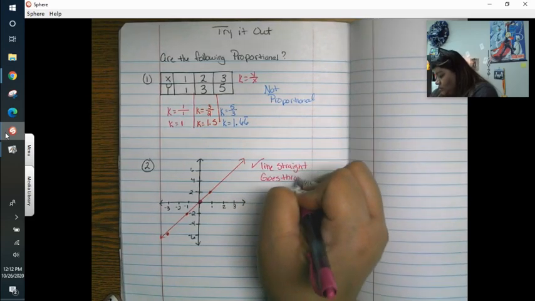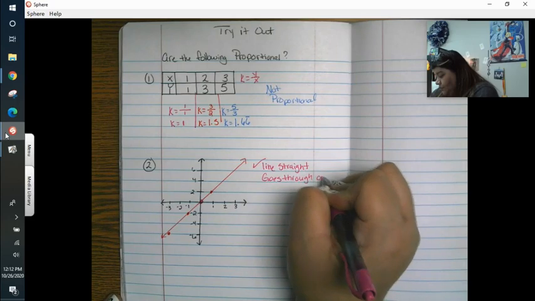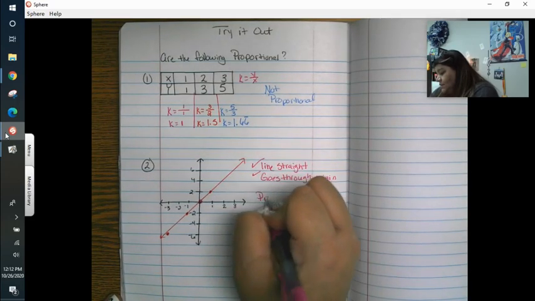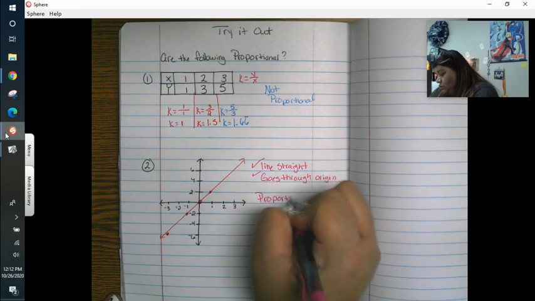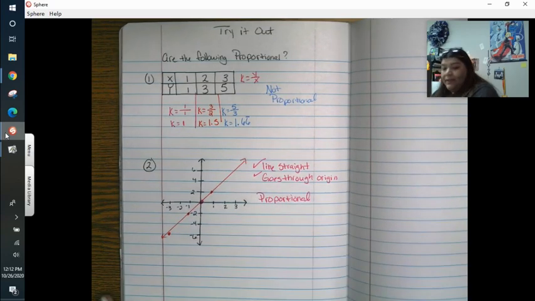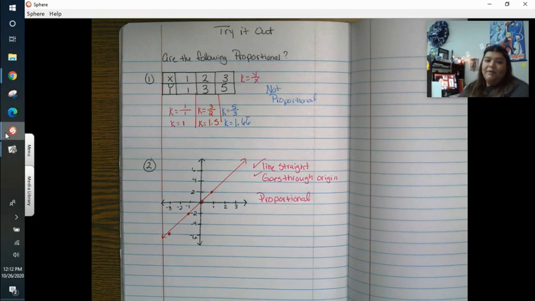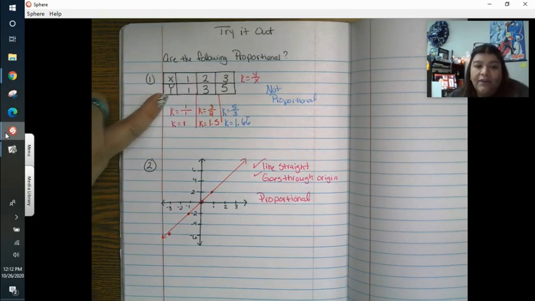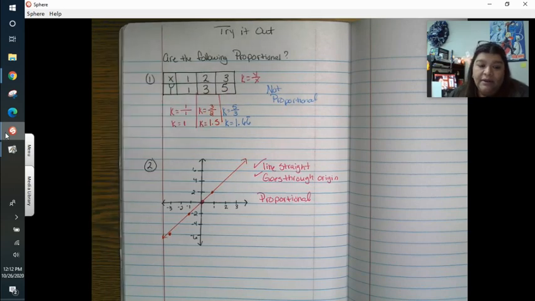Goes through origin. Yes. So this is proportional. Okay. Very good, very good. So remember, to be proportional, your constant rate of proportionality has to be the same for each set here, okay? If you're looking at a graph, though, it's easier. As long as it's a straight line that goes to the origin, it is considered proportional, all right?